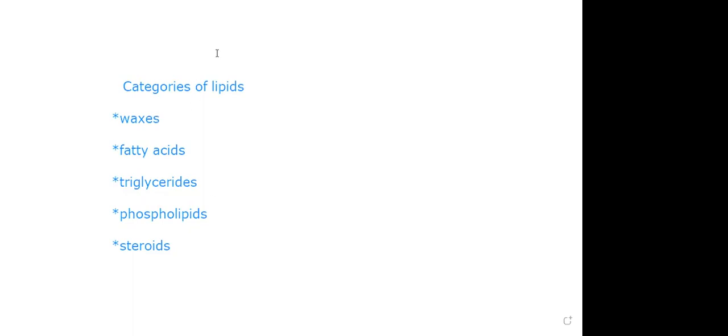What makes a wax is that we've got that ester linkage, and on this side we've got usually an amino alcohol, and on this side just your normal fatty acid chain, so just hydrocarbon on this side.